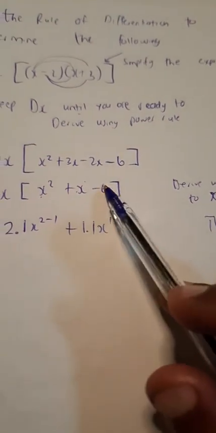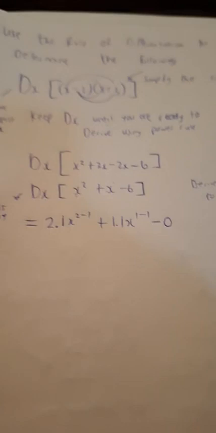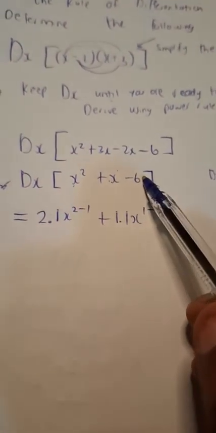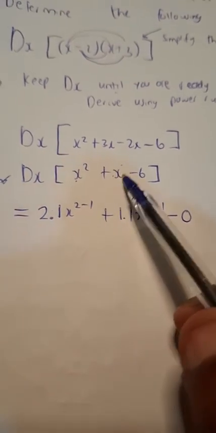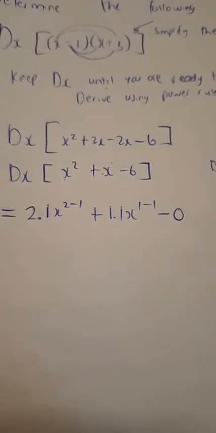So if we derive negative 6, we simply get 0. So we derive each term: the derivative of x squared, the derivative of x, the derivative of negative 6. Yes, indeed, it's always the case.